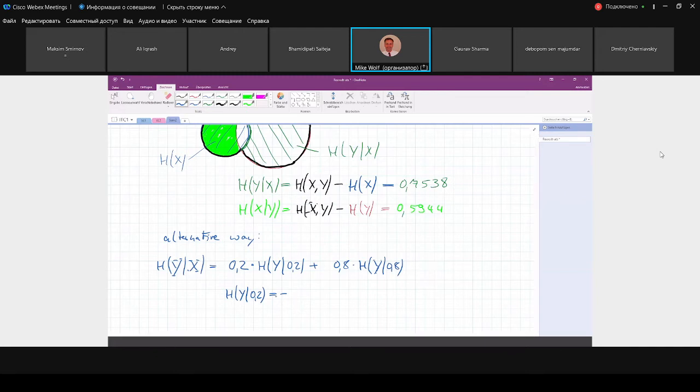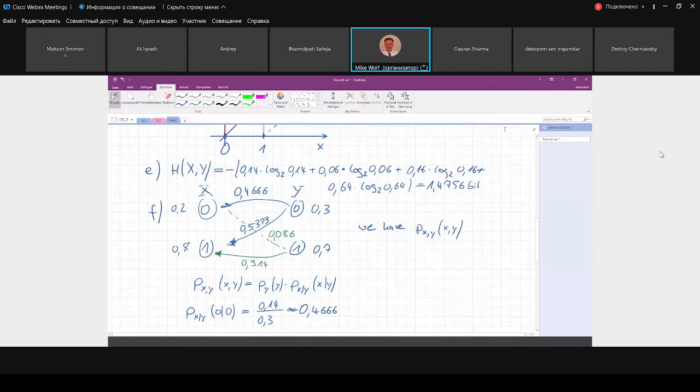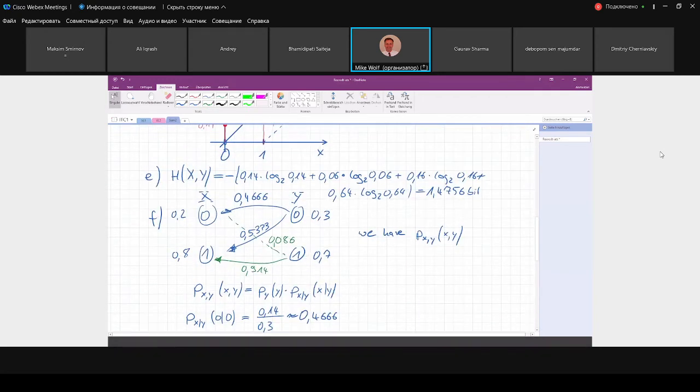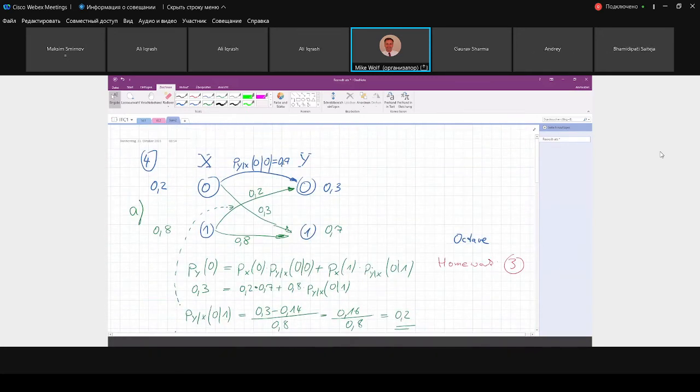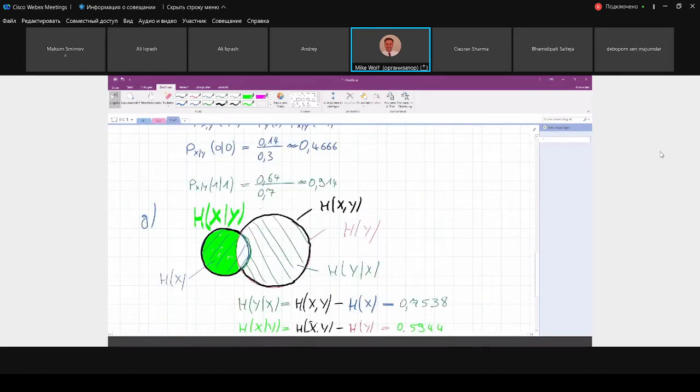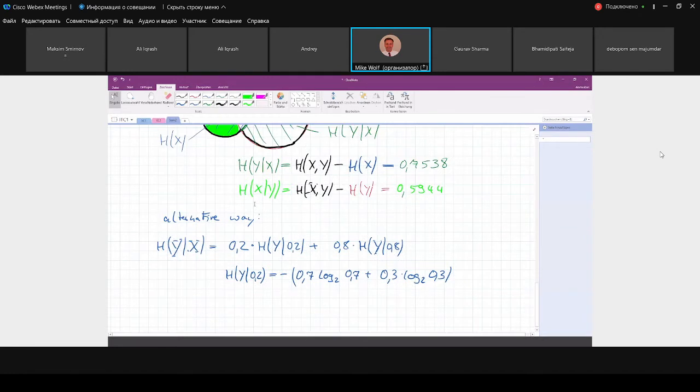So the surprise is log 2 of 0.7, times 0.7, plus 0.3 times log 2 of 0.3. These two probabilities have nothing to do with the 0.3 and 0.7 from before. It's this 0.7 and this 0.3, of course, conditional probabilities. So then we can calculate this.